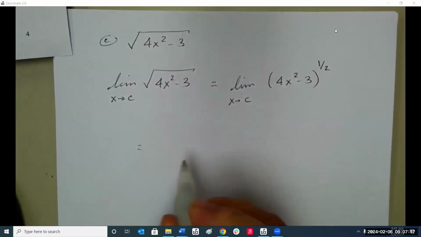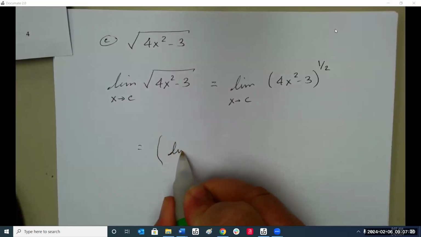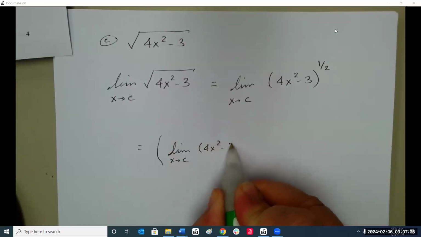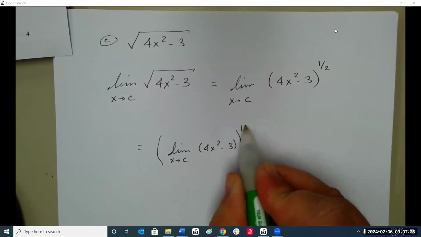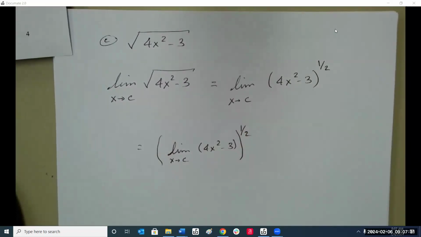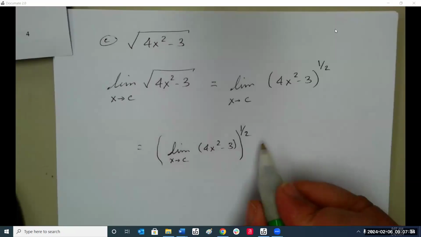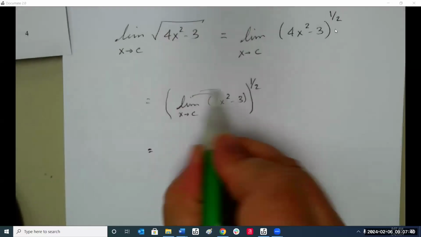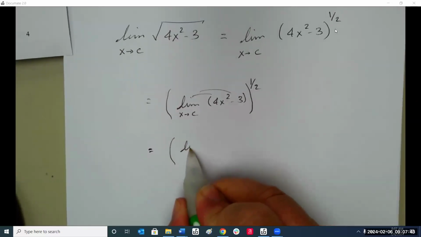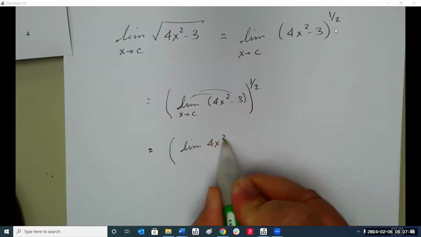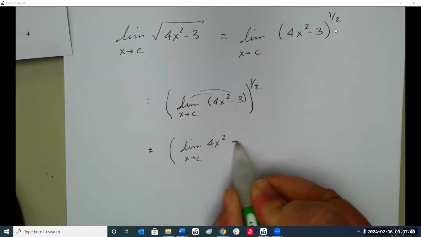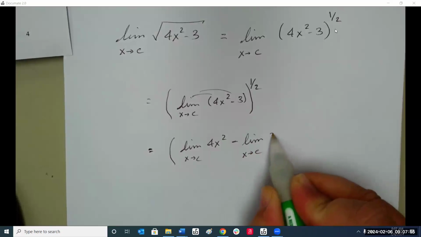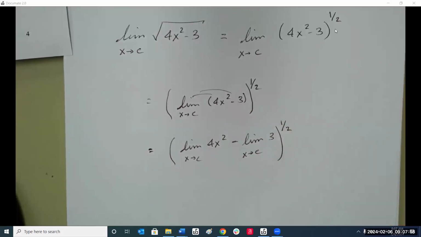So now what this thing says, I'm going to distribute inside there. So we have the limit of 4x squared minus the limit as x approaches c of 3 to the power 1/2.